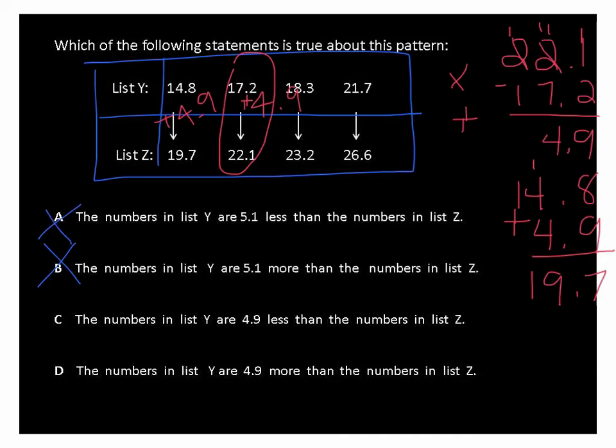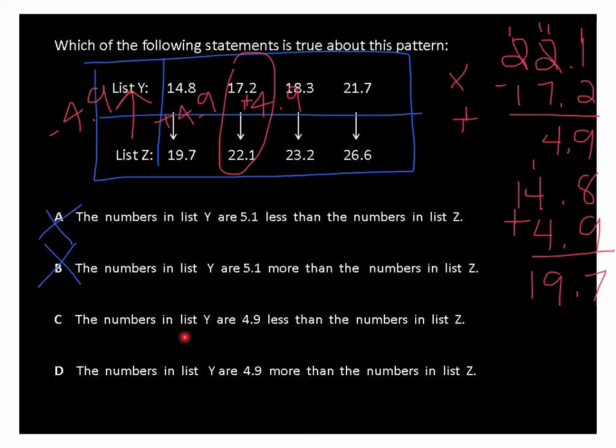Now let's look at C and D, because sometimes they give us the backwards pattern. Sometimes they're asking, what is the pattern going from the bottom up? If I know from the top down I'm adding 4 and 9/10, then going in the opposite direction, I'm doing the opposite operation, the inverse operation. I would be subtracting. So I need to figure out which one they're talking about.